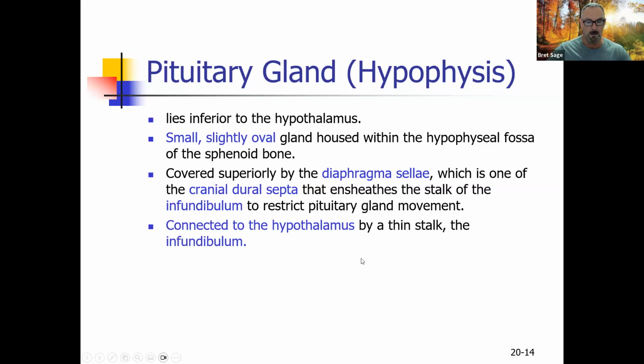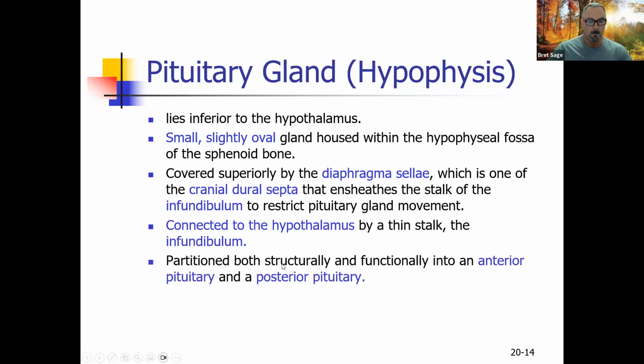So we're talking about the pituitary. Partitioned both structurally and functionally into anterior pituitary and posterior pituitary. Remember, anterior makes its own hormones and waits for a hormone from the hypothalamus, whereas the posterior pituitary only stores hormones from the hypothalamus and is released due to an action potential coming from that.